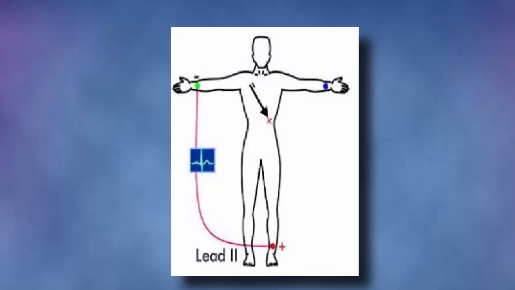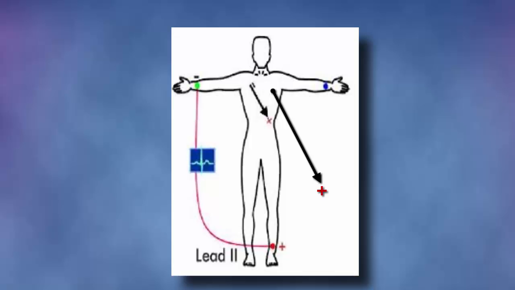If we look at this arrow, we see a positive pole and a negative pole. What this is showing you is that the wave of depolarization, which really is a positive wave, is moving from superior to inferior and from right to left. This positive wave is going to be seen by the positive electrode, and this gives us a positive deflection.